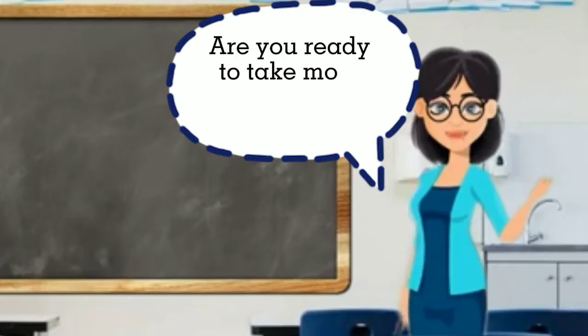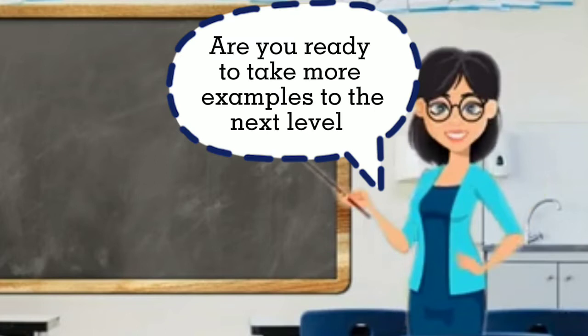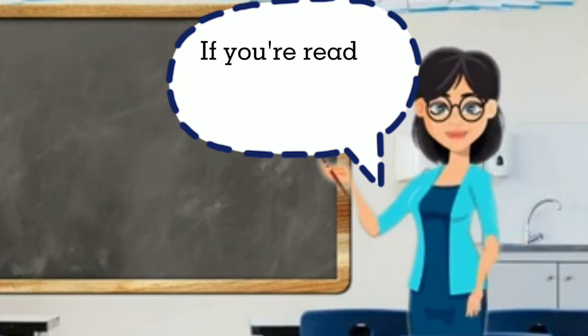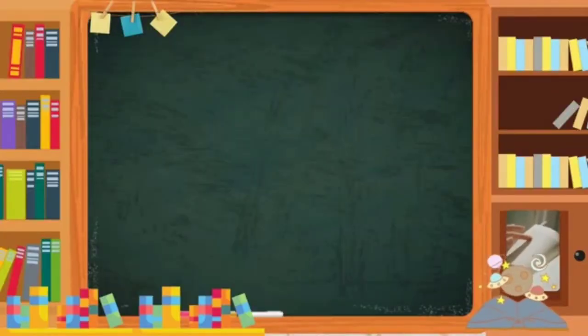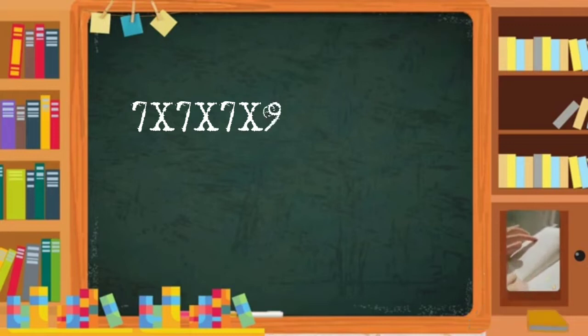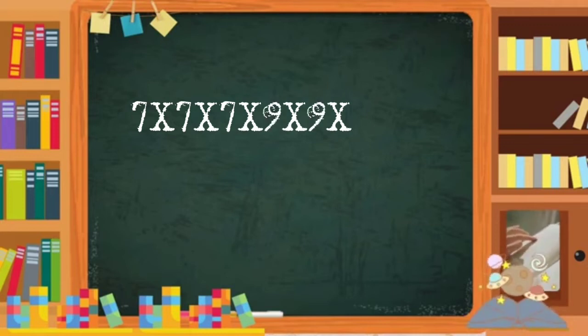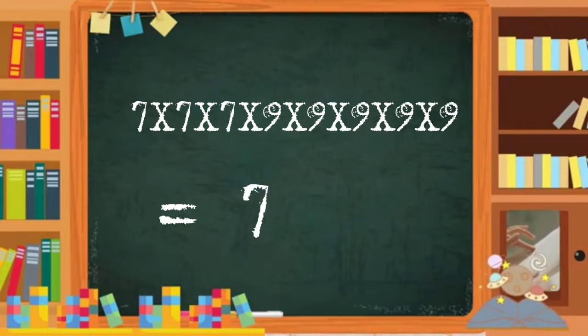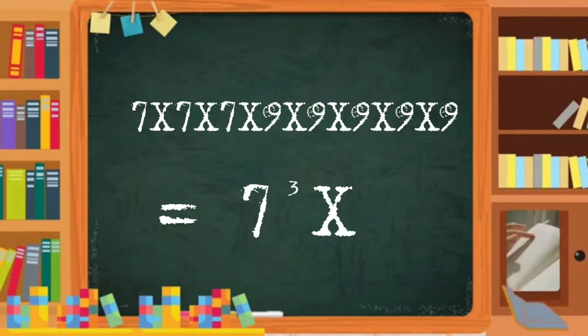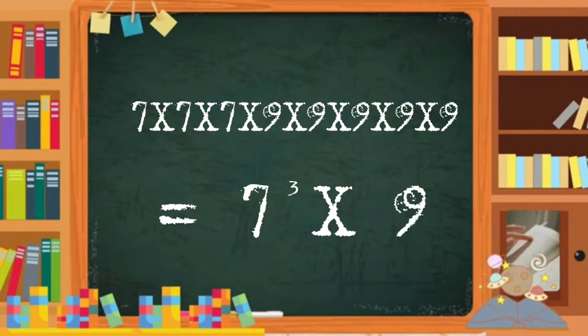Are you ready to take more examples to the next level? If you're ready, then listen to me carefully. If we have 7 times 7 times 7 times 9 times 9 times 9 times 9 times 9, we have 7 cubed or 7 raised to the power of 3 times 9 raised to the power of 5.